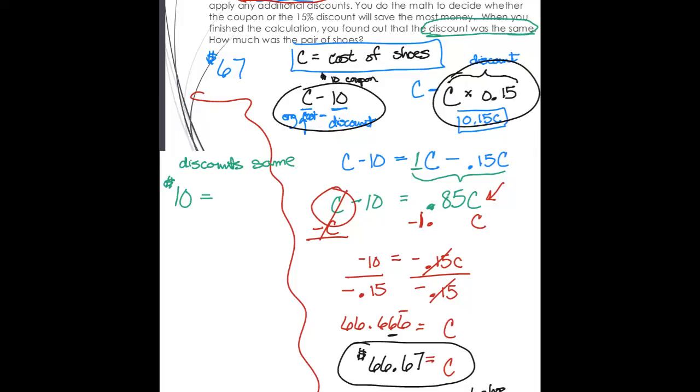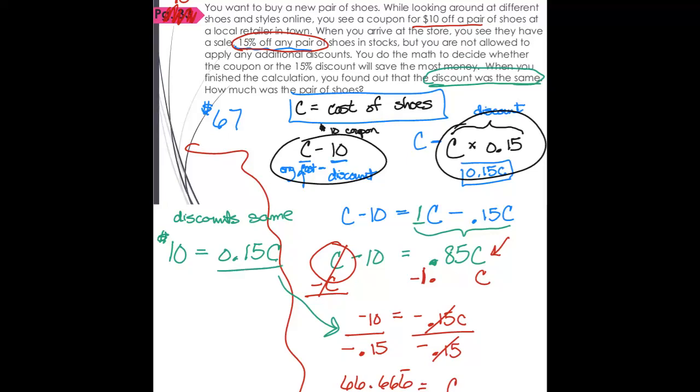So $10 should be the same as, what's the discount doing it the other way? 0.15 times C, right? Which basically takes you down to this part of the problem. So if you read that carefully, then you just divide by 0.15, divide by 0.15, and C equals, and you'll get the same thing, $66.67. Isn't that kind of cool?